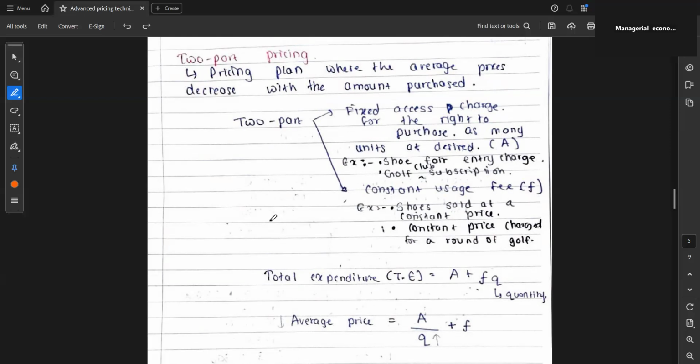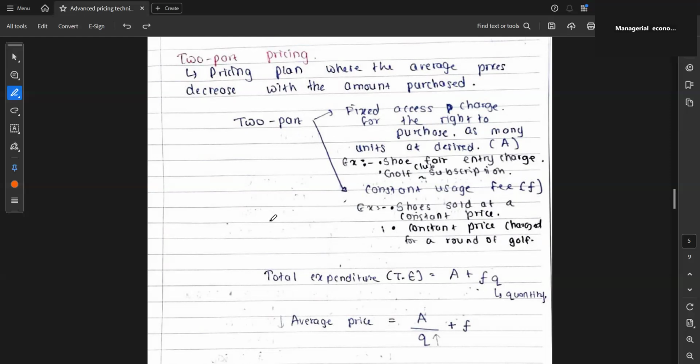But after you enter, all the available shoes and sandals are sold at similar and lower price levels. So that's a two-part pricing.